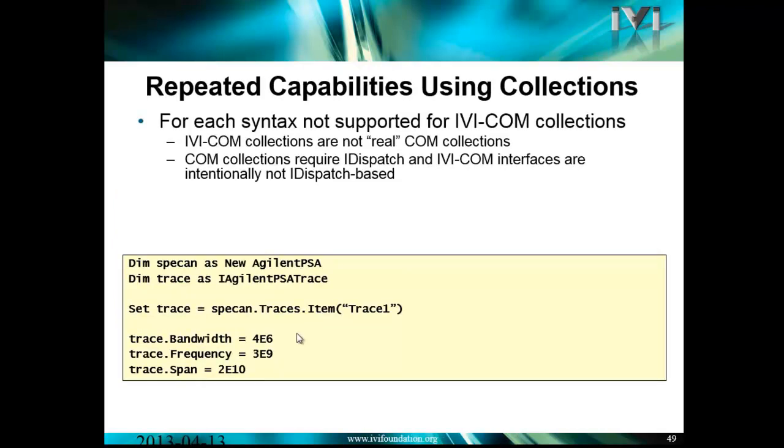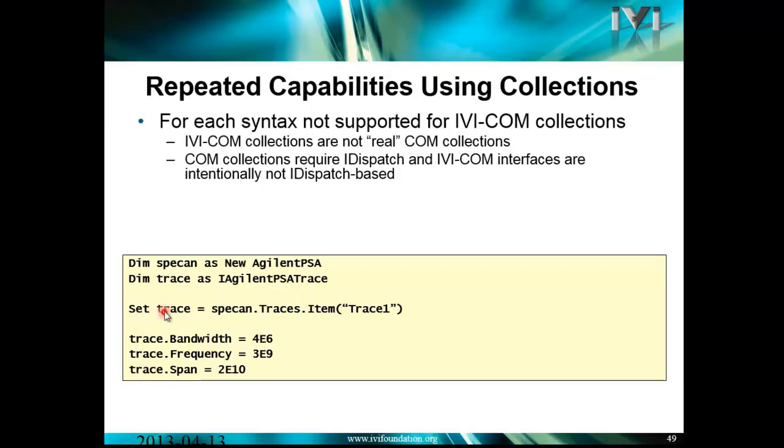So typically for a collection, you'll see something as in this example, where the trace is accessed with an item. So now I've acquired a trace by saying I want item trace 1. So this accessed it from the collection, and now that we have the trace object from that collection, we can set the trace bandwidth, frequency, and span.